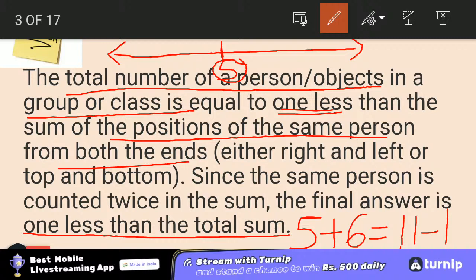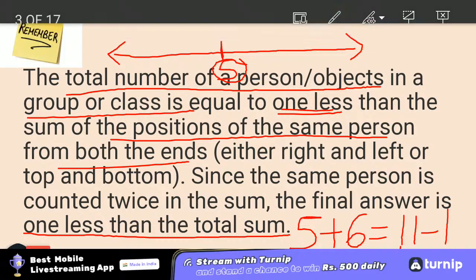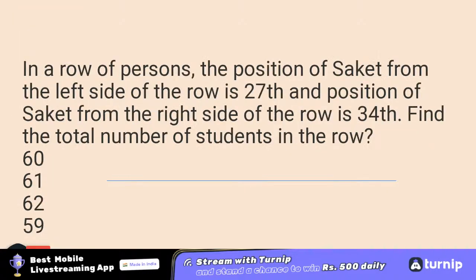And so we will move ahead with the next question. These questions are just related to the note or the remember point I told you right now. This remember point is very useful and this will help you to solve the further questions as well.